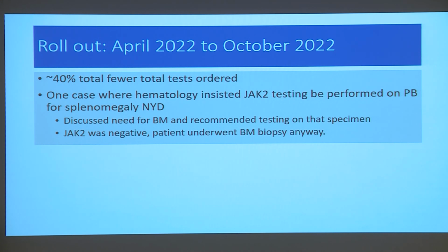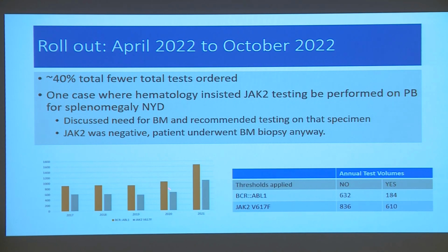They said, sure, but we'd like to have it anyway. And I said, but half of the time JAK2 is going to be negative if it's an MPN. And they said, sure, but half the time it's going to be positive. I said, okay, let's flip the coin. So we did the test, and it was negative, and they went on to have a bone marrow anyway, just like I said. But this was 1 out of hundreds. It's a drop in the bucket.